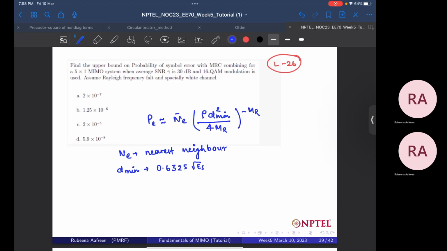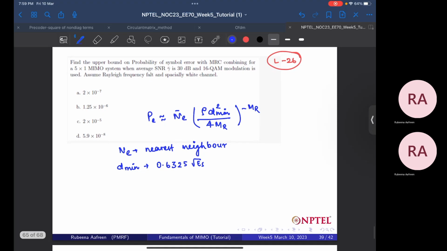So Es is 1. Okay, so d_min you can directly put it as 0.6325. Okay, no need to approximate also. Rho is average SNR, which is gamma bar here. Okay, and M_R is the number of branches.